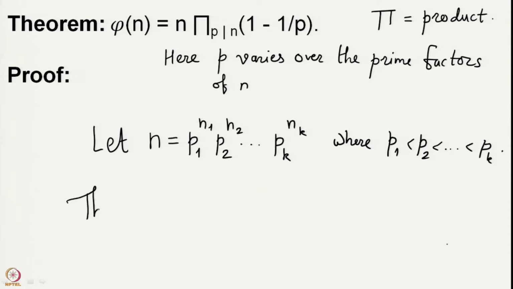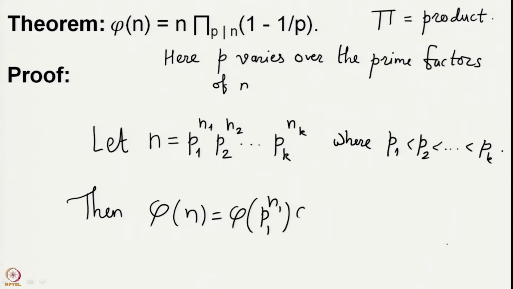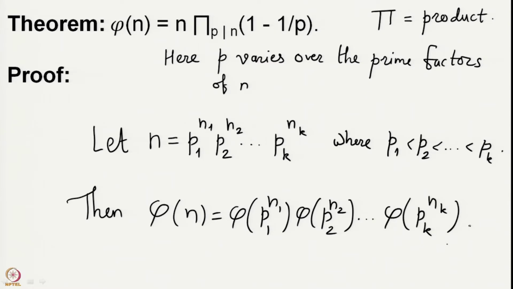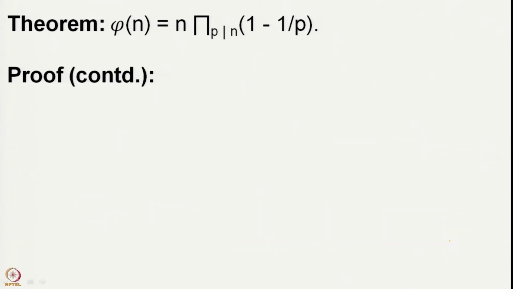And then as we have observed in the last slide, phi of n is going to be phi of p1 power n1, phi of p2 power n2, up to phi of pk power nk. This is using the second lemma that we have proved in the last lecture. So, here each of these phi values are known to us. We will simply put the phi values for each of these pi power ni and then combine them to get the result for our n.